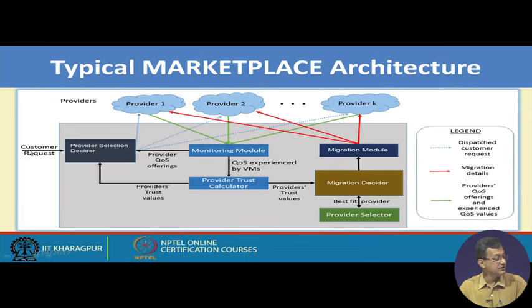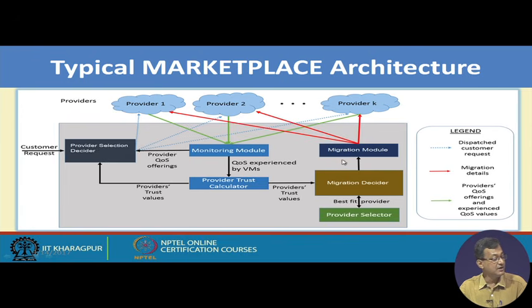So, the customer comes with a set of requirements and makes a request to this particular selection box, and it takes other inputs and decides. The other blocks are like a monitoring module which is constantly monitoring the providers, right.